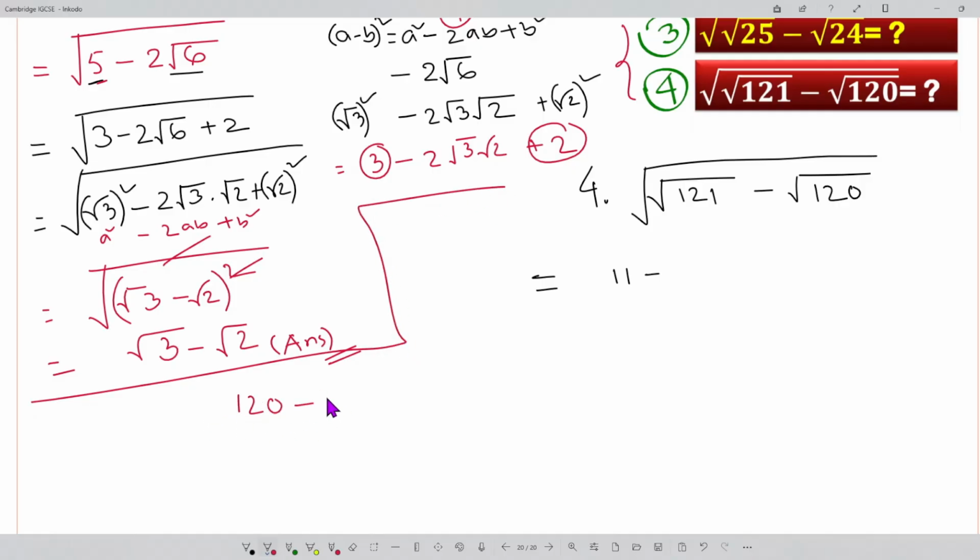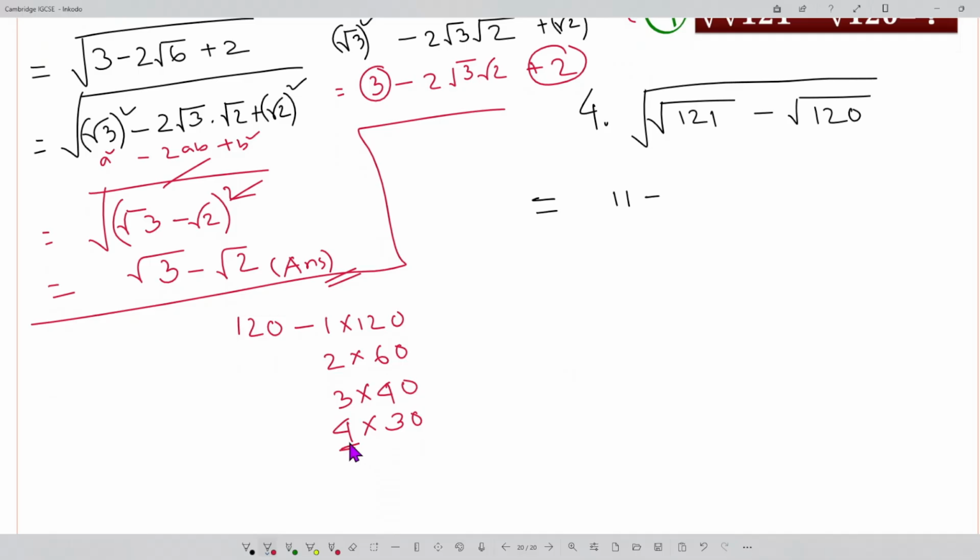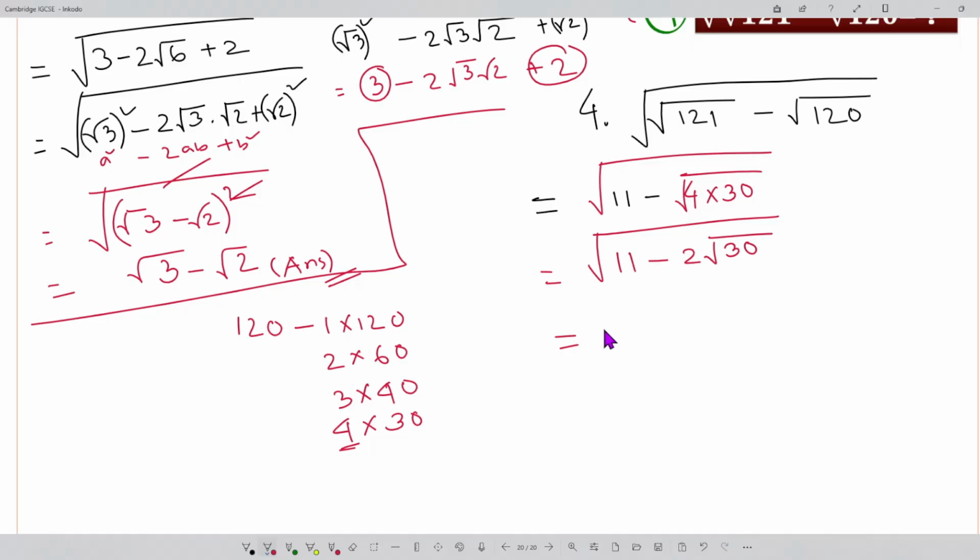120 we can write as 1 times 120, then 2 times 60, then 3 times 40, then 4 times 30. Look, 4 is a perfect square, so we can write root 4 times root 30. So here is 11 minus root 4 means 2, and here is root 30 under the root.